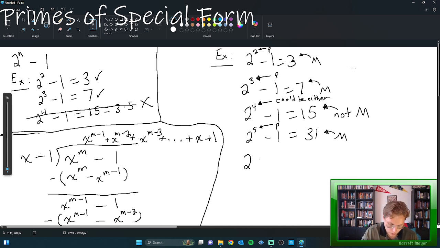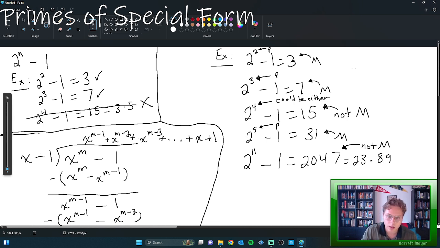So 2 to the 11 minus 1 equals 2047, which equals 23 times 89. So as a result, this is not Mersenne.